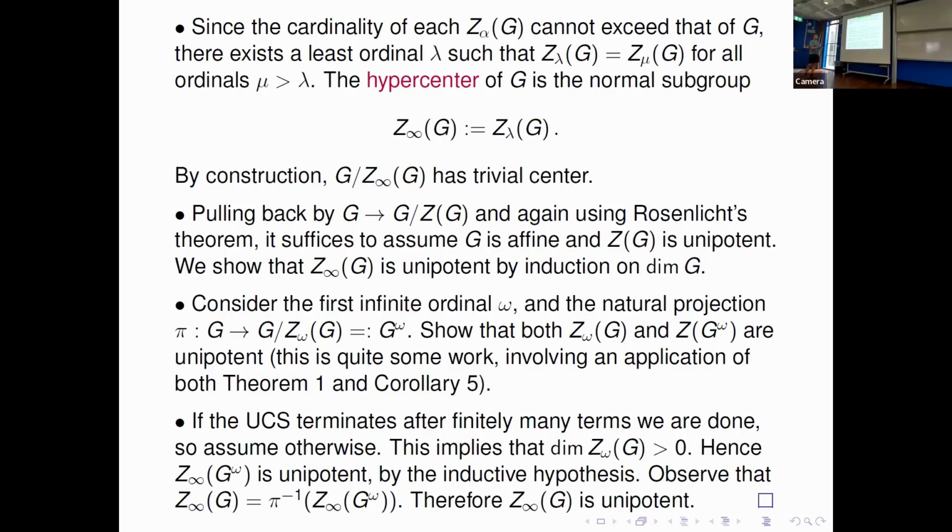Okay, so now we consider the first infinite order and the natural projection to this map here. I'm putting this statement up as I'm throwing it up there, but there's quite a lot of work involved, maybe not so illuminating. We check that both of these are unipotent using some classical results of Gabriel, and also Theorem 1, the technical theorem, and Corollary 5, which is the existence of this Fitting subgroup.